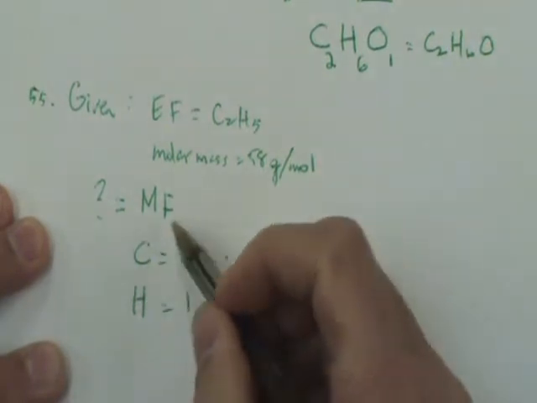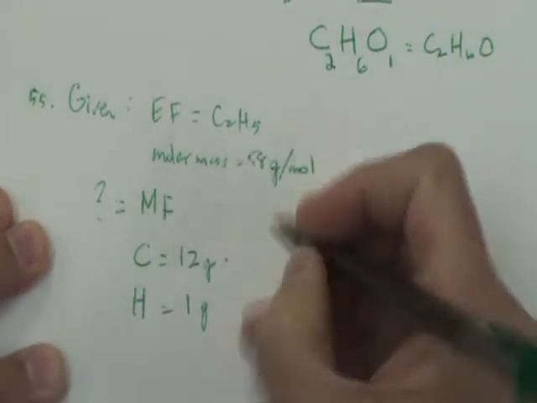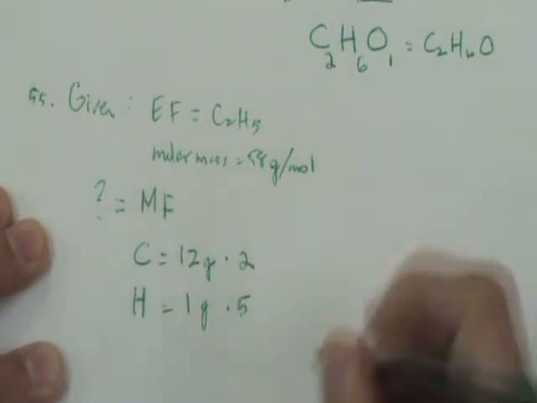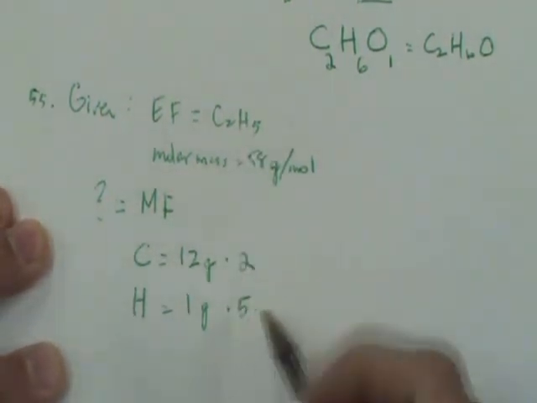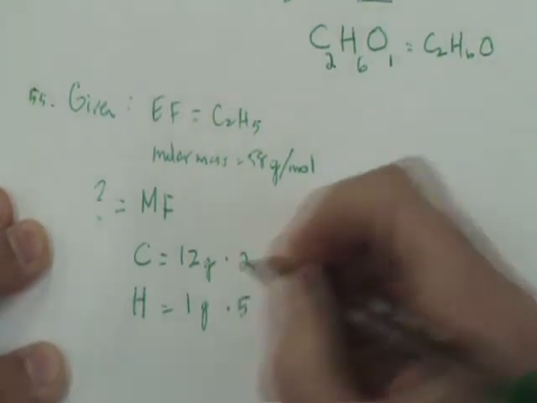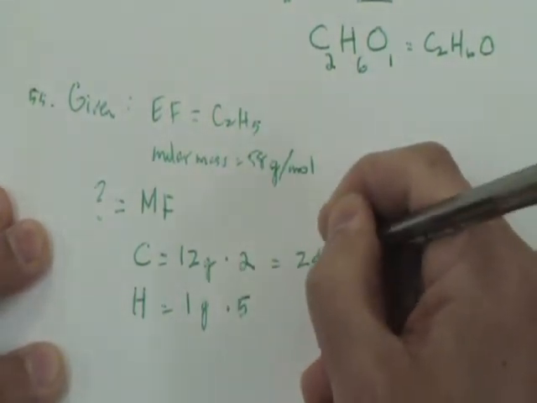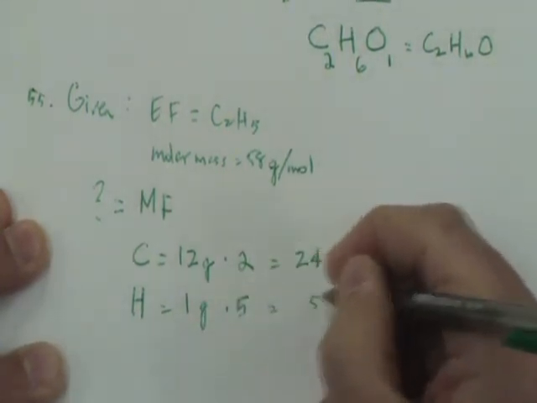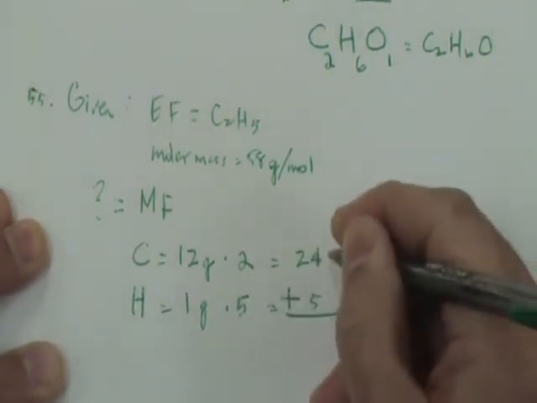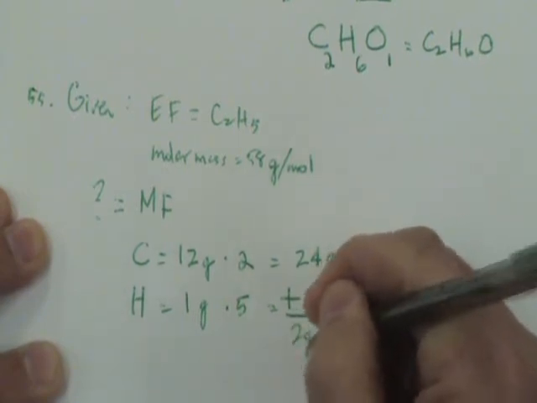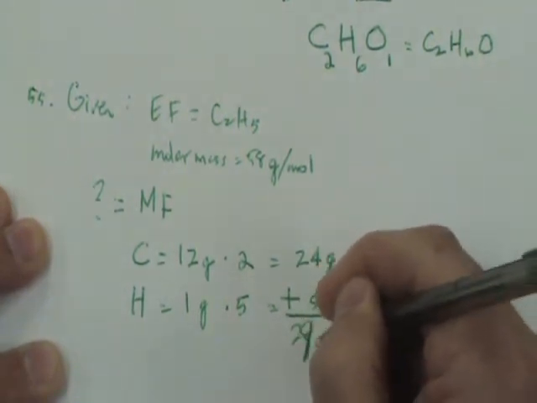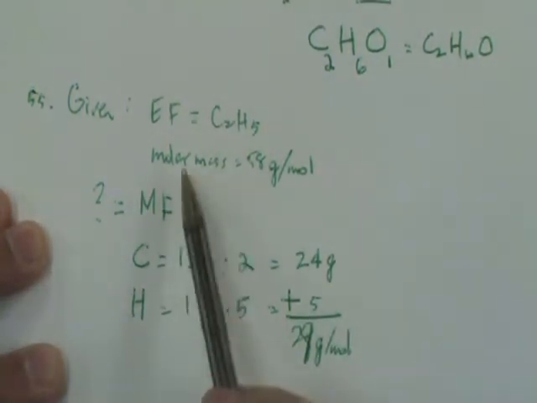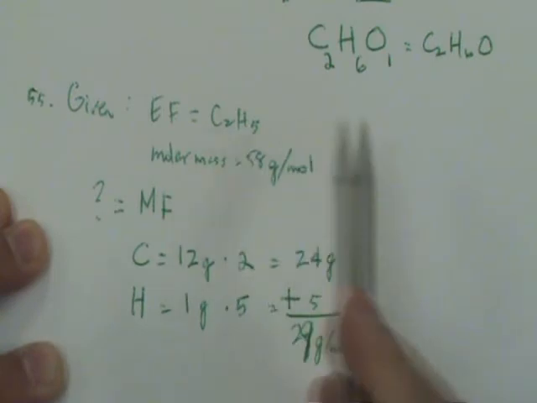And then we multiply carbon by 2, which is our 2 atoms here in the empirical formula, and this one we multiply by 5. So that gives us 12 times 2, that's 24, and that's 1 times 5, that's 5. You add them up, and that gives you 29 grams per mole. This is the molar mass now of our empirical formula, C2H5.